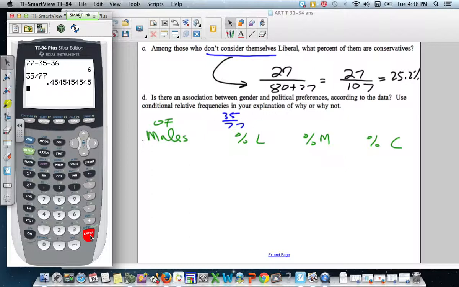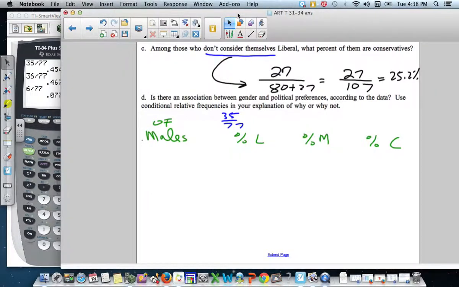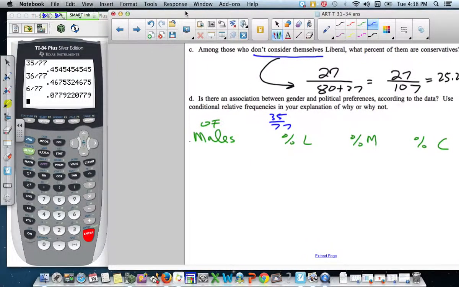And I can do that for the moderates, 36 out of 77. And I can do that for the conservatives. So I'm just going to round here to the nearest tenth, 45.5%, 46.8%, and 7.8%.